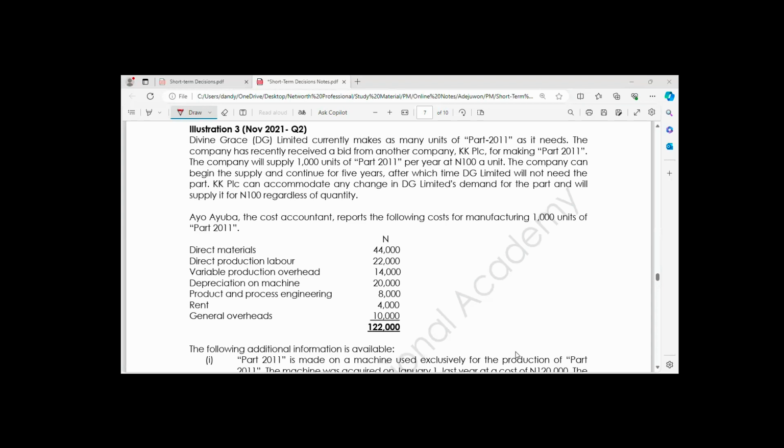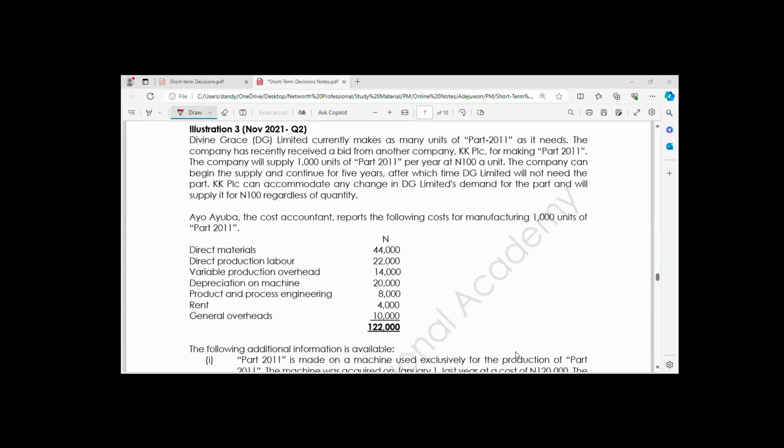Part 2011 is made on a machine used exclusively for the production of part 2011. The machine was acquired on January 1st last year at a cost of 120,000. The machine has a useful life of 6 years and zero terminal disposal price. Depreciation is calculated on the straight line method.